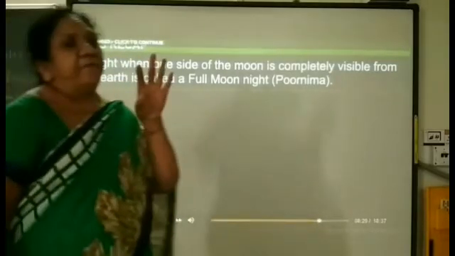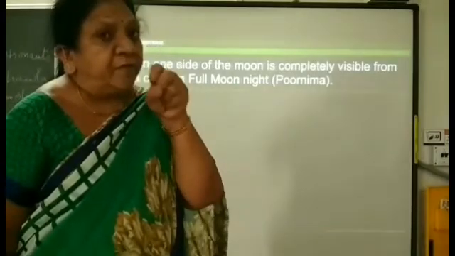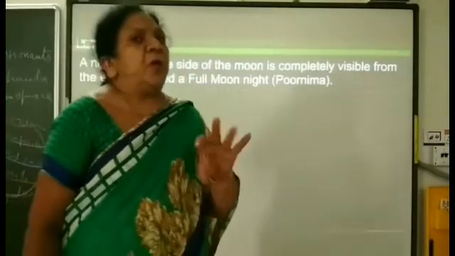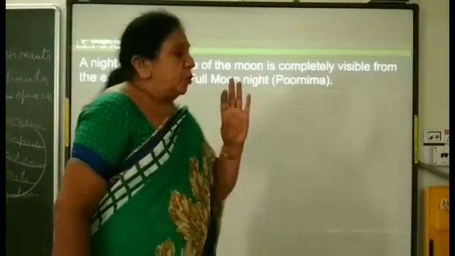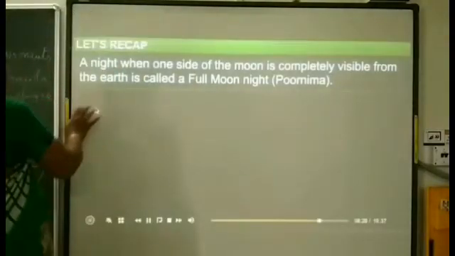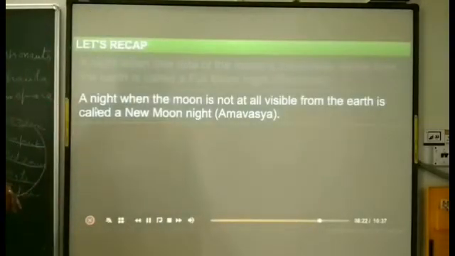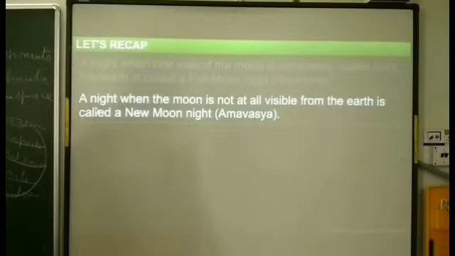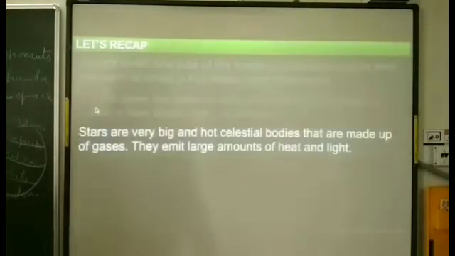So when you are observing the video, sit with your notebook and write all the recaps one by one. A night when the moon is not at all visible from the earth is called a new moon night or Amavasya.